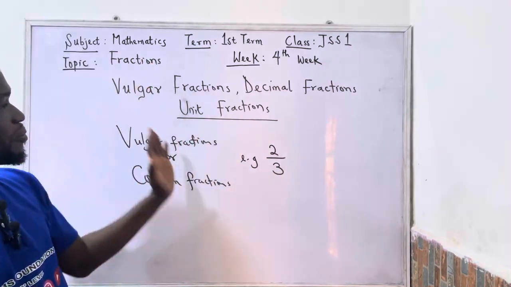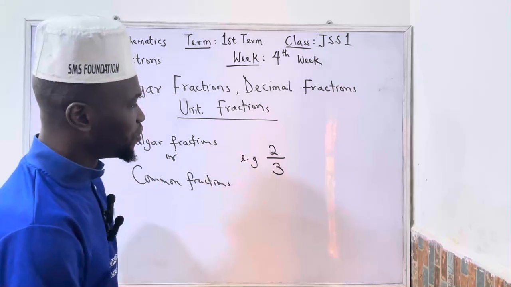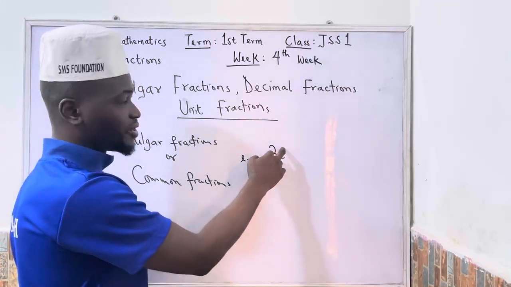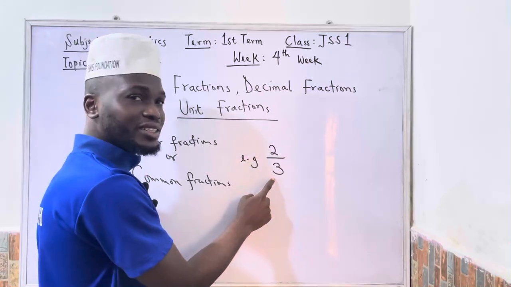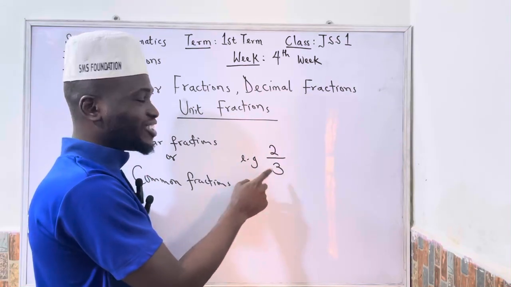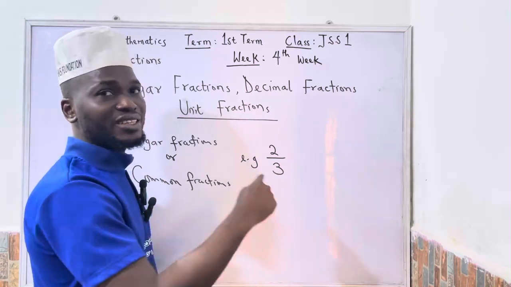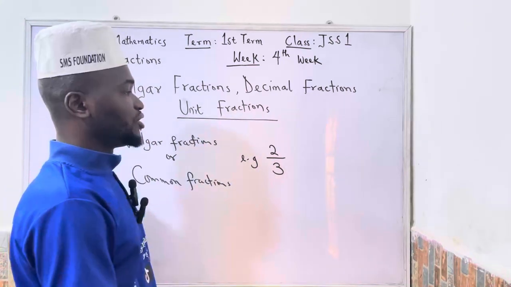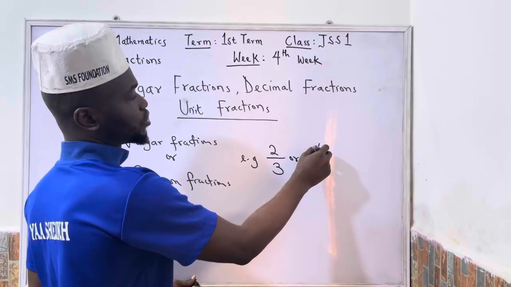So that's the normal way we write fraction, where an integer or a whole number will be on top, and another whole number will be at the bottom, and they will be separated with a division line. You can write it like this, or you write it as 2 stroke 3.